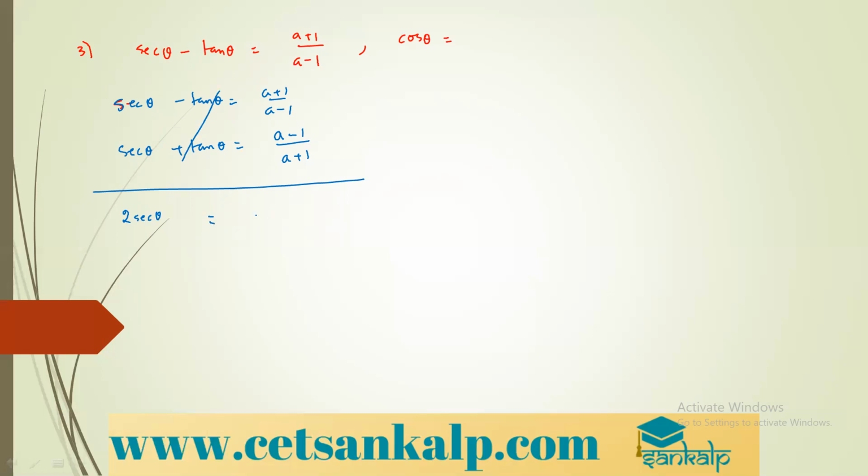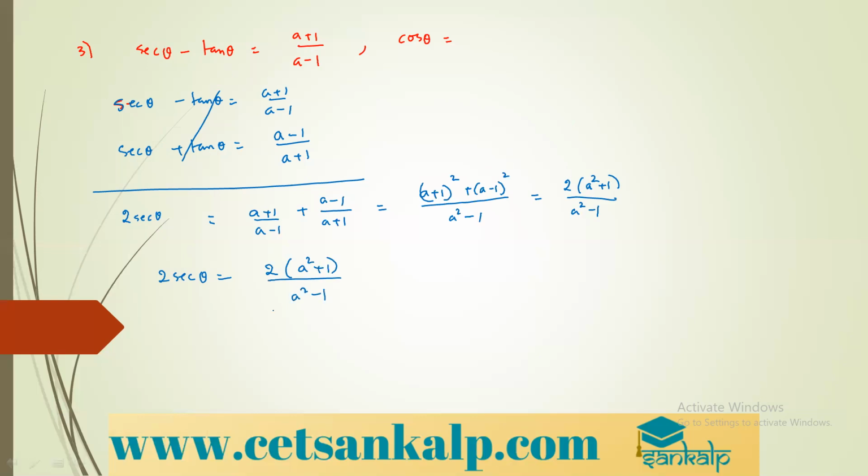And here I will be adding a plus 1 by a minus 1 and a minus 1 by a plus 1. So denominator will be a square minus 1. Numerator will be a plus 1 whole square plus a minus 1 whole square. That is, it will be 2 times a square plus 1. And denominator will be a square minus 1. So I got 2 secant theta as 2 into a square plus 1 by a square minus 1.